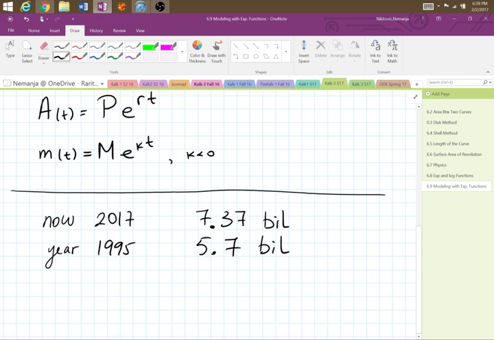And where do we want to look in terms of the future? 2020? That's in 3 years. 2030? So this is the information.